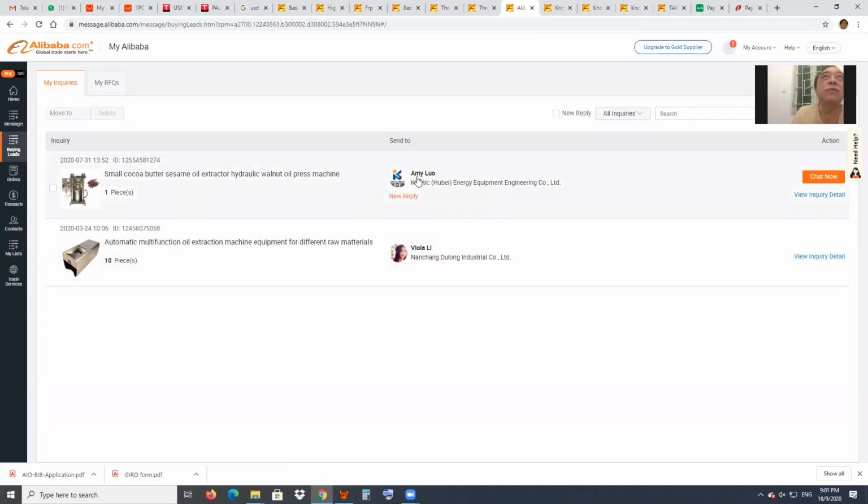These are the gold suppliers. This Alibaba, they sell leads. When you make queries, they know who you are because you got to log in, and then when you do queries, they know who you are, and then they sell the leads to the gold suppliers. So they get the leads.